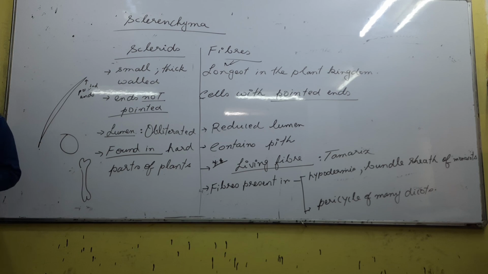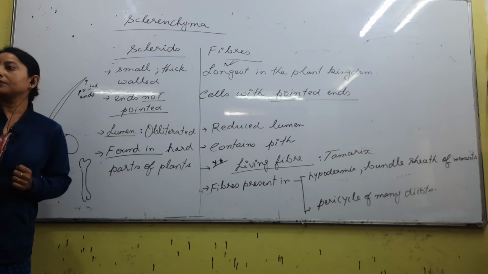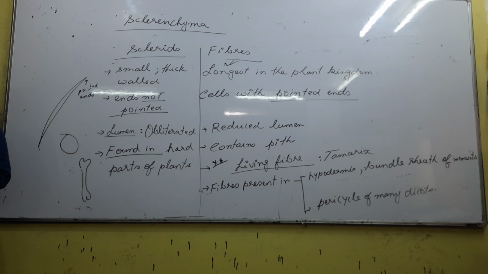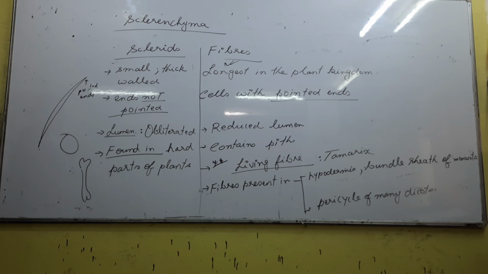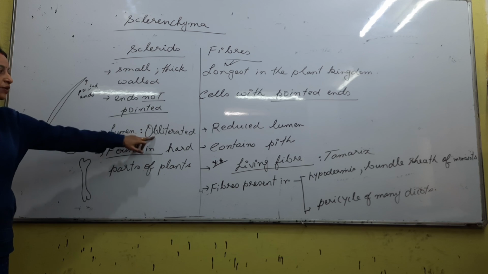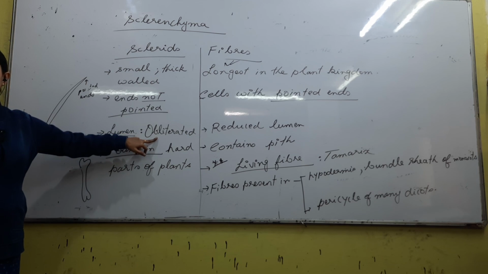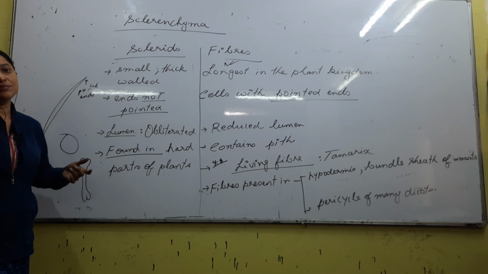Overall, fibers are sclerenchyma; whatever forms fibers, forms sclerenchyma. Xylem tissue has fibers, and when deposition occurs, ultimately sclerenchyma becomes dead tissue, right? We have a word called obliterated lumen. What is lumen? The inside portion is called the lumen.